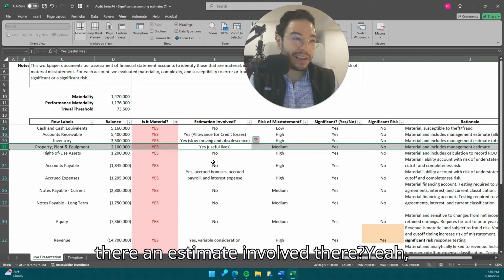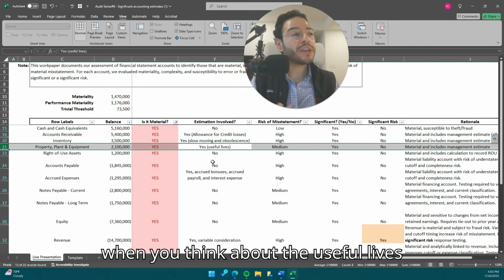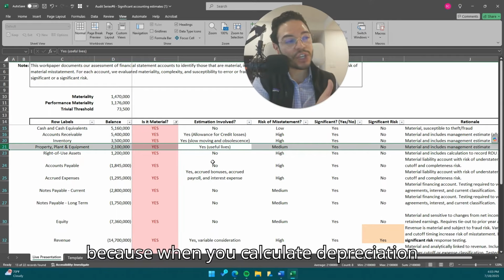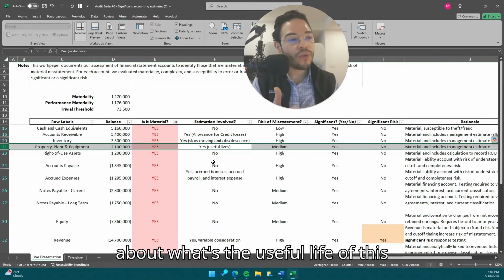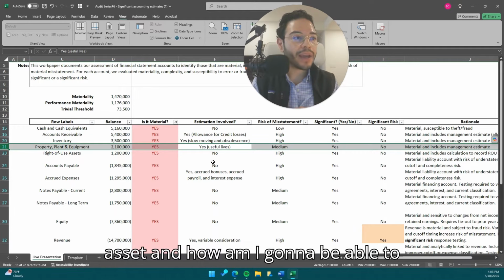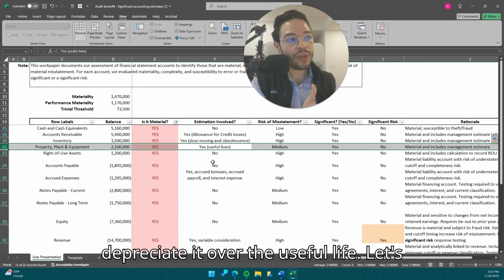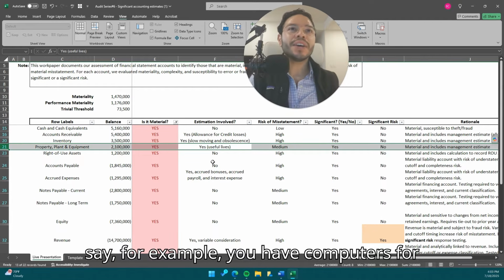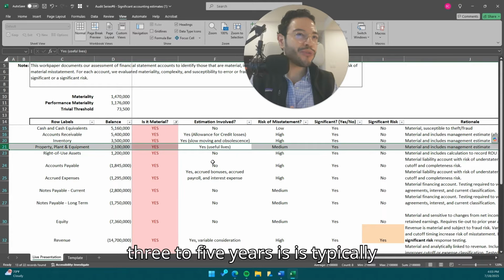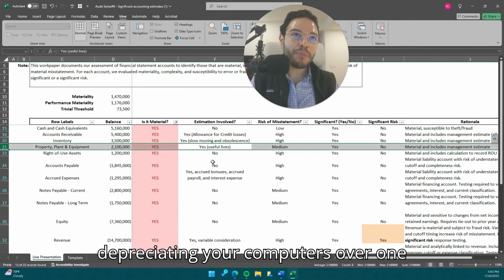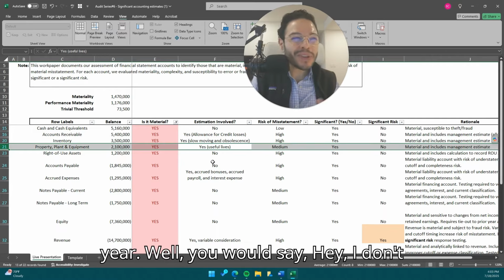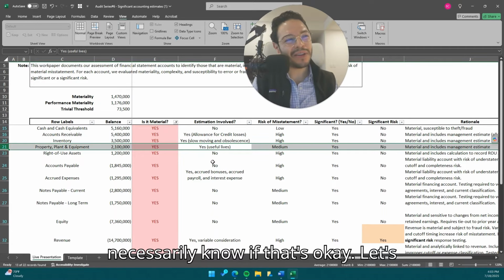Property, plant, equipment, is there an estimate involved there? Yeah. When you think about the useful lives, because when you calculate depreciation on your fixed assets, you need to think about what's the useful life of this asset and how am I going to depreciate it over the useful life. Let's say, for example, you have computers, 3 to 5 years is typically reasonable, but let's say you're depreciating your computers over 1 year. Well, you would say, hey, I don't necessarily know if that's okay.